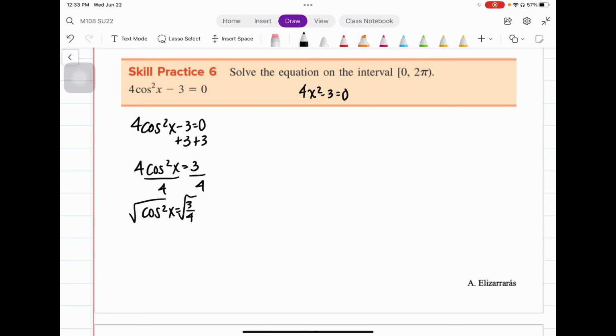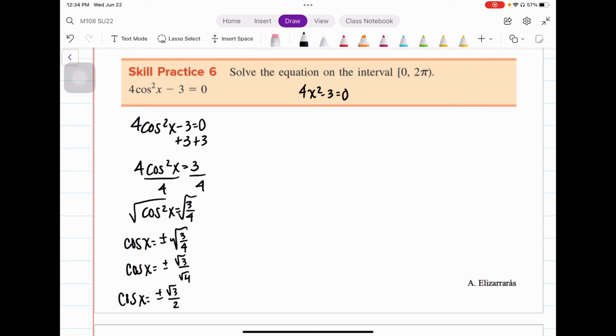I'm going to square root both sides, which gives me cosine of x equals plus or minus square root of 3 over 4. That is the same thing as plus or minus square root of 3 over square root of 4, or plus or minus root 3 over 2, because the square root of 4 is 2, using properties of radicals.